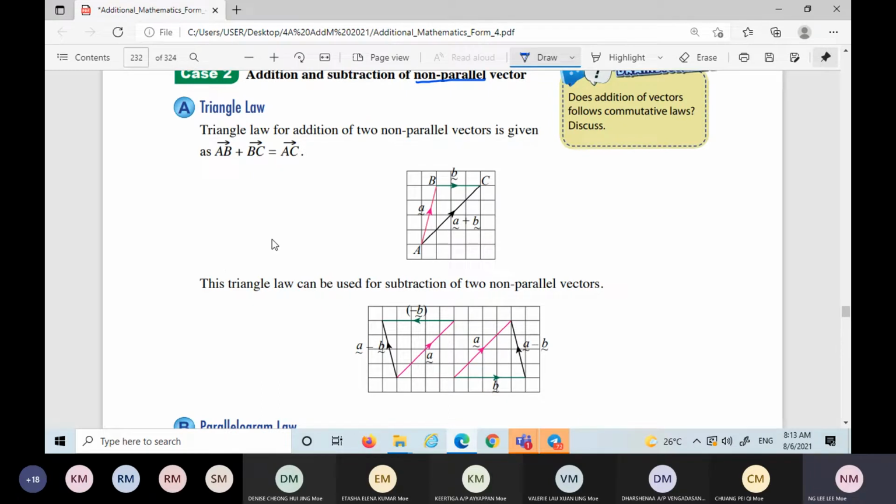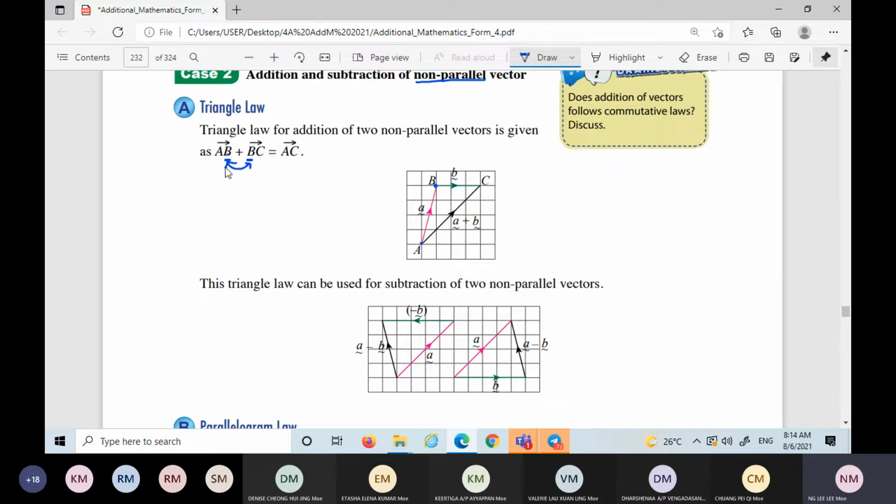Then you have to remember A to B is the first vector. B is the ending point of the first vector. Then B will be the starting point of the second vector, and then continue. I repeat, look at this, the B and the B here.